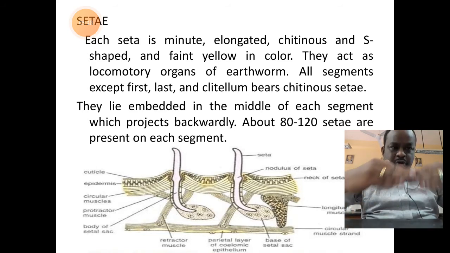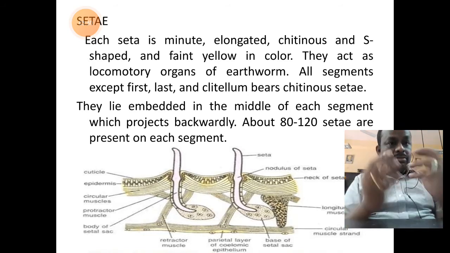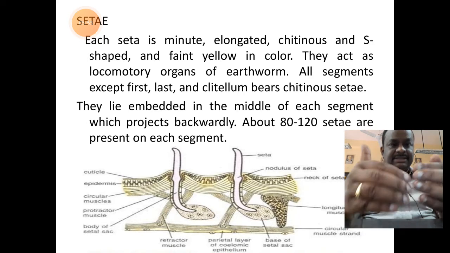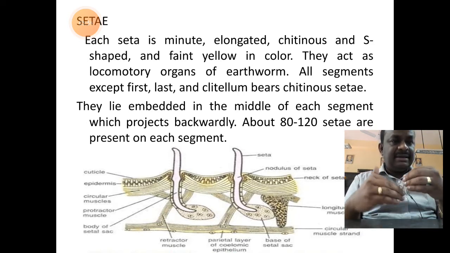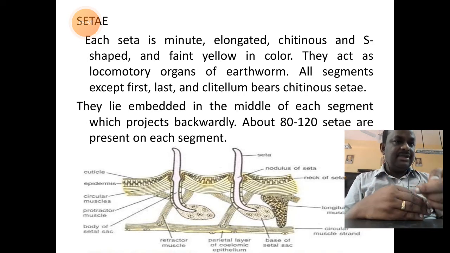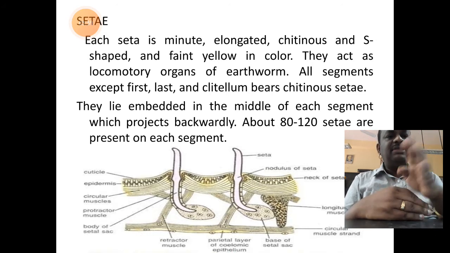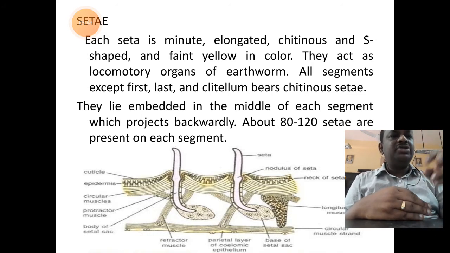The base portion, along with the central nodule, is embedded within the skin or epidermis that you can see here. Only the outer neck portion is generally exposed outside, which is rod-like.